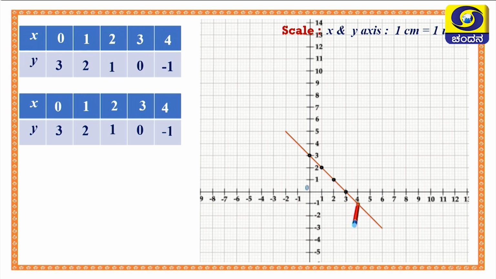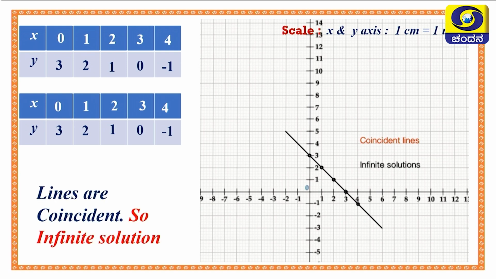Mark those points, draw a straight line. What are you observing here children? What are you observing? Those two lines are coinciding on each other, that is overlapping on each other.